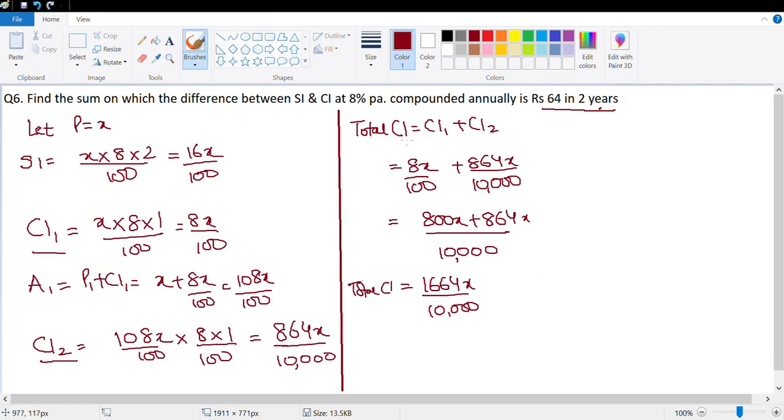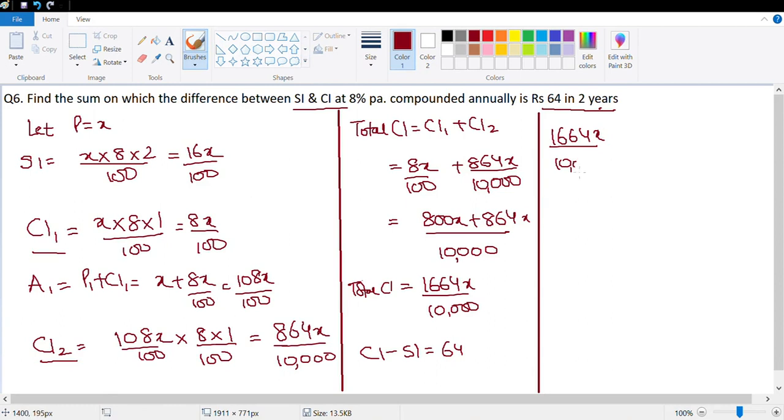As per the question, difference between SI and CI, which means since CI is always more than simple interest, CI minus SI is given equal to 64. Let's substitute values and see what we get. Okay. So compound interest is 1664x upon 10,000. Simple interest is 16x upon 100, and this is given equal to 64.